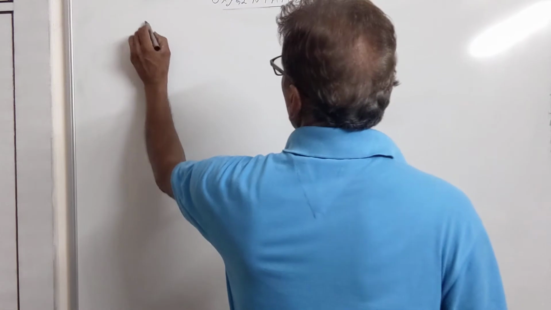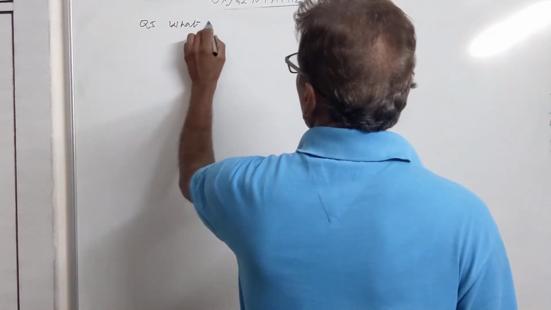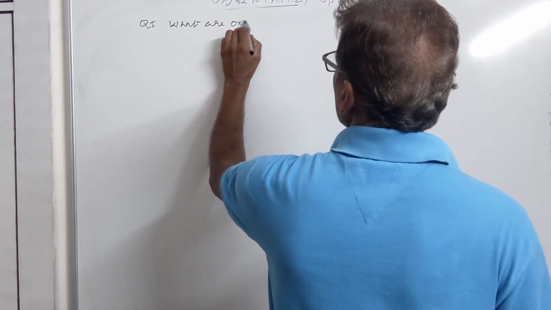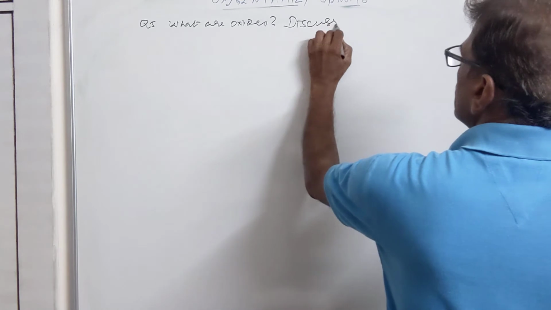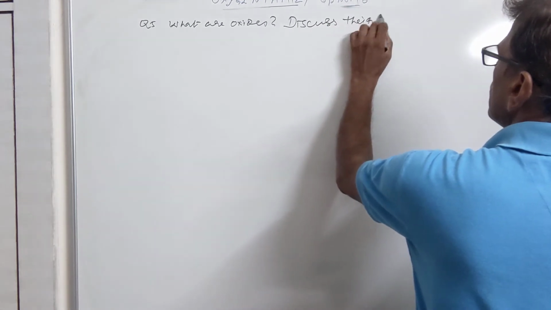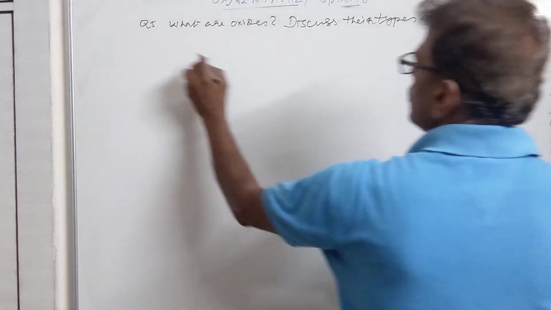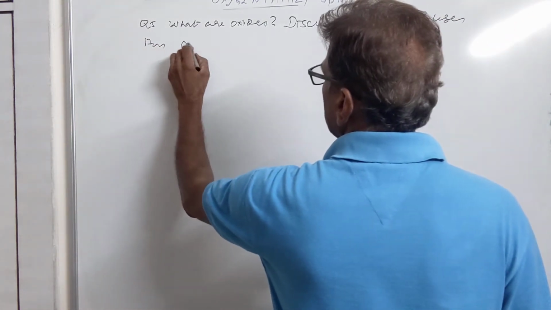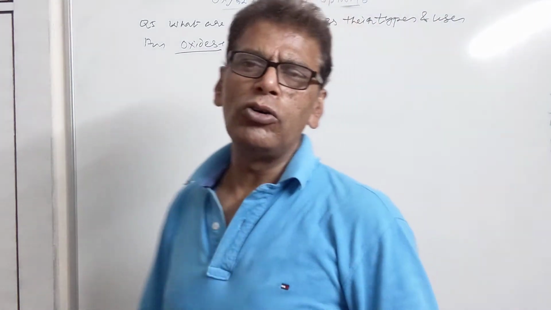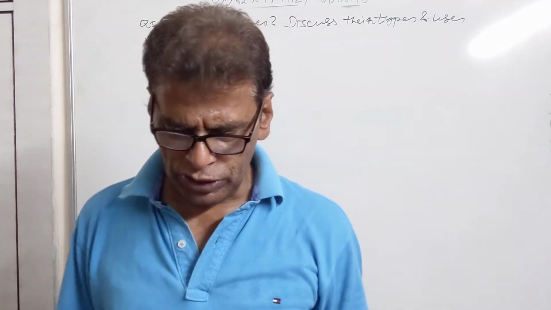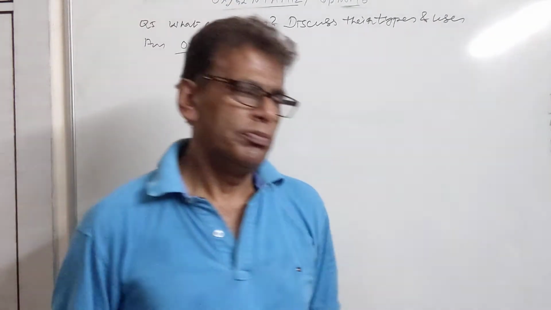So our next question is, what are oxides? Discuss their types and uses. So the answer is, oxides are the binary compounds of all the elements with oxygen, and these compounds are of many types.